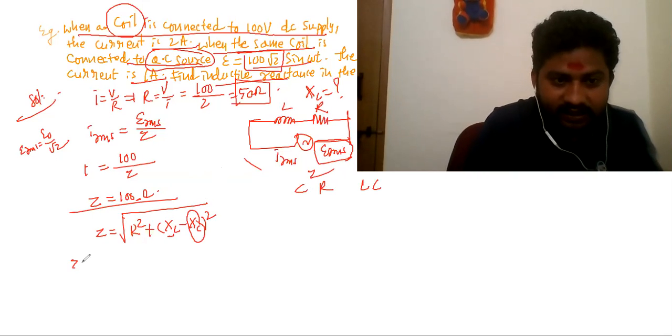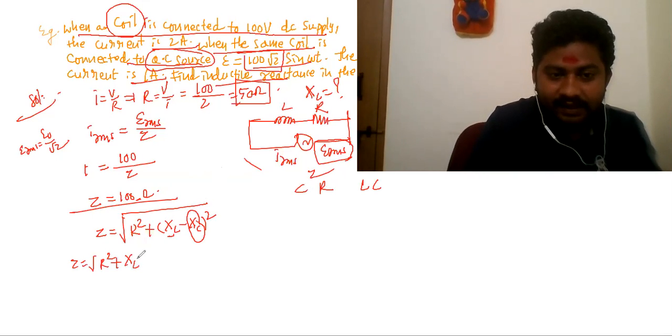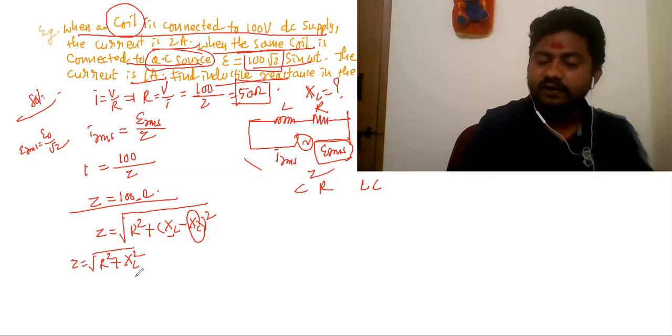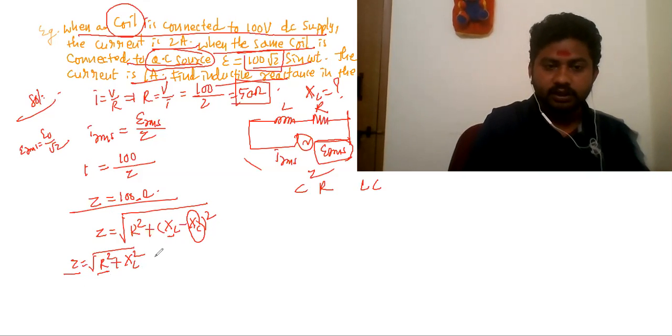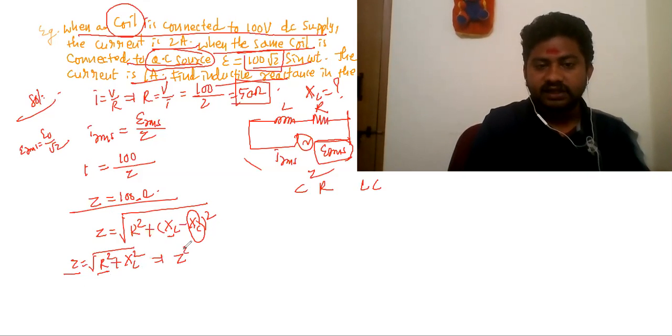So Z is equal to square root of R square plus XL square. Just substitute everything. Resistance you have, Z you have, XL you can find out from here. I can also write Z square is equal to R square plus XL square, my dear students.